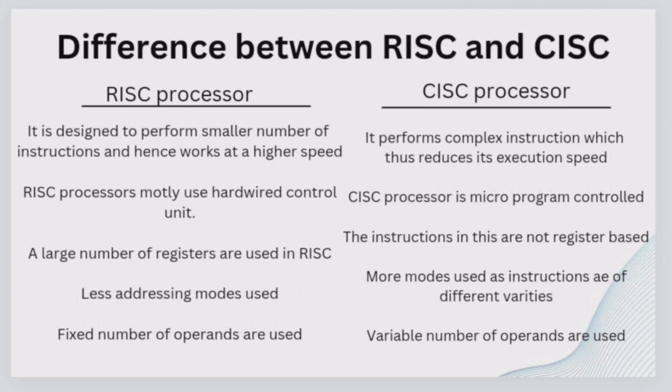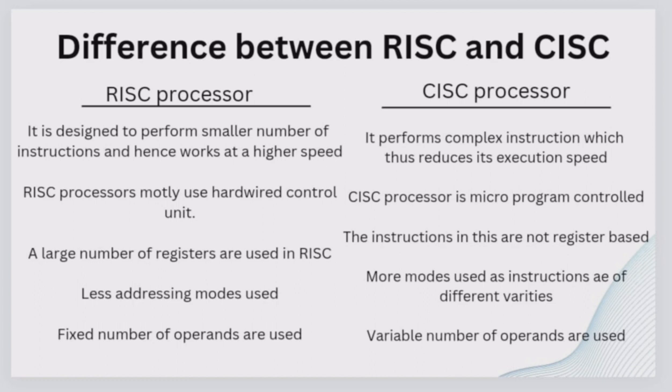On the contrary, the CISC processor performs complex instructions which reduces its execution speed and it runs at a slower pace. Most of the RISC processors are based on hardware control unit design, which includes fixed logic circuits to interpret instructions and generate control signals from them, whereas CISC is controlled by microprograms.